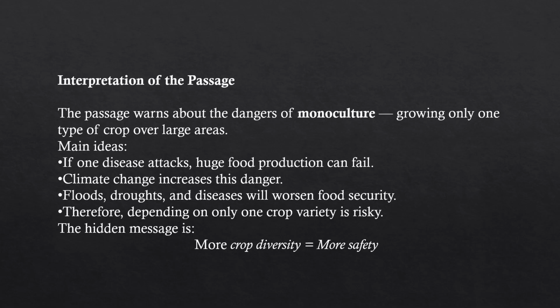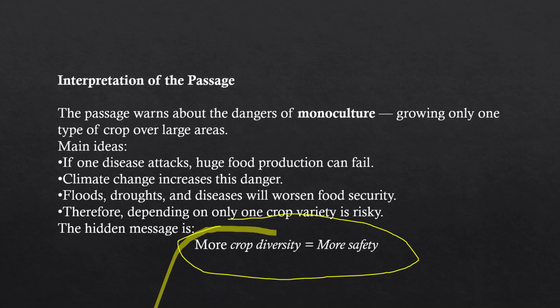Therefore, depending on only one crop variety is risky. The hidden message is, please focus on this, more crop diversity and more safety. This is the core message of the passage. Now we will see one question based on this passage.